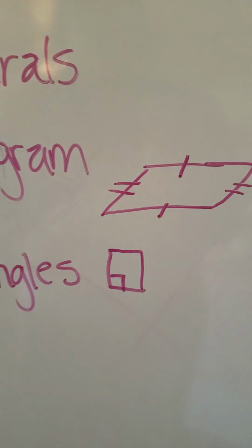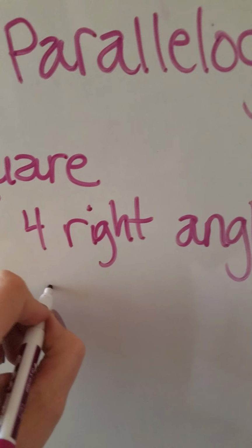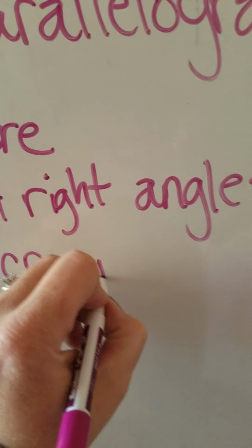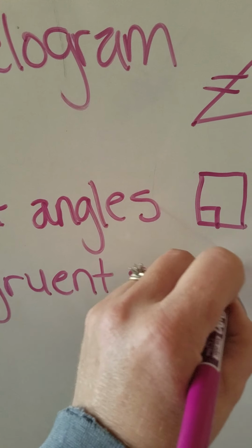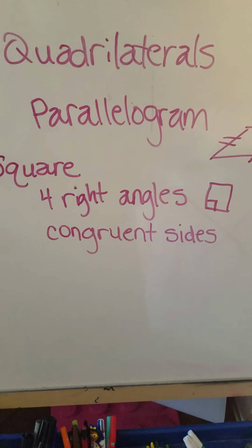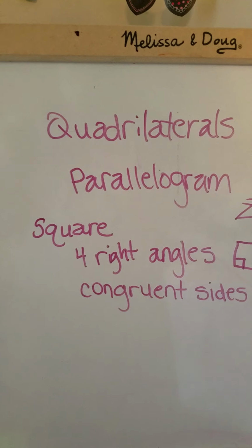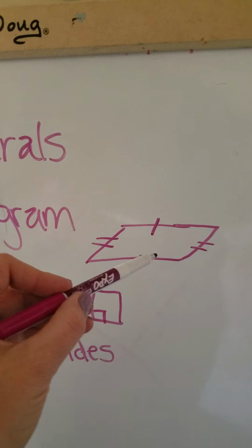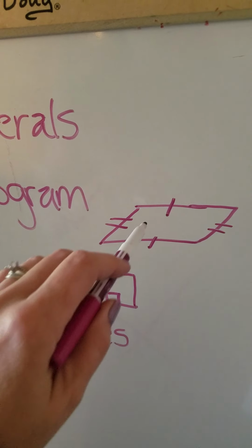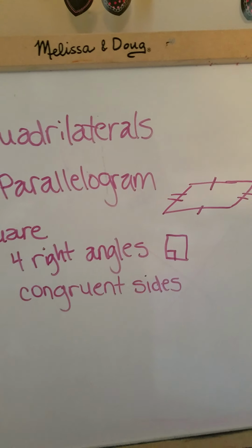Okay? And all side lengths are congruent, which means they are the same length. Same size, same length. Okay? So all squares are parallelograms, but not all parallelograms can be squares because not all parallelograms have right angles.